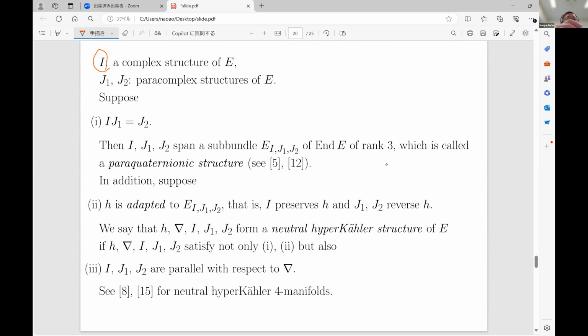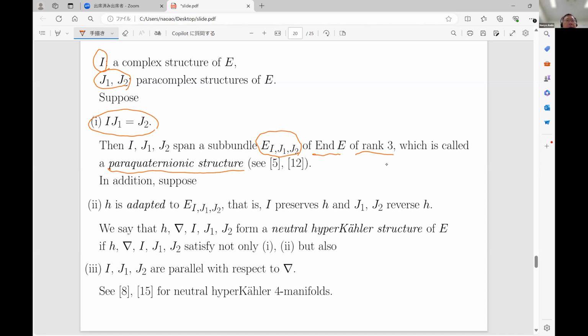Let large I be a complex structure of E and J1, J2 paracomplex structures of E. Suppose that these satisfy this relation. Then I, J1, J2 span a subbundle of E of rank 3, which is called a paraquaternionic structure.